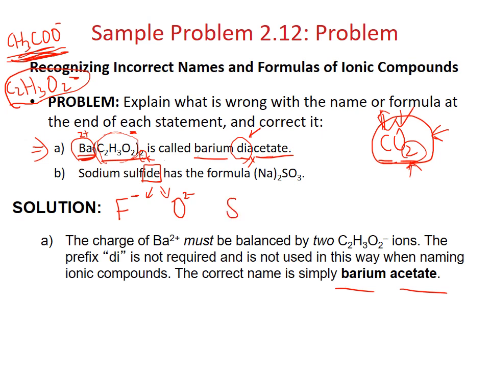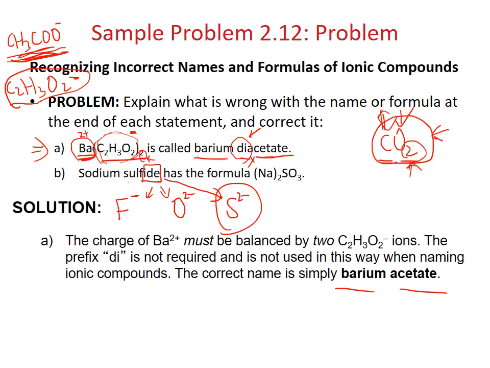Sulfur, same group as oxygen, group 6, gains 2 electrons becomes S 2 negative, and this is called sulfide. So when you say sulfide, this is the one.